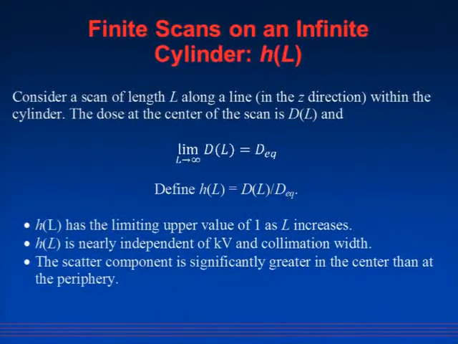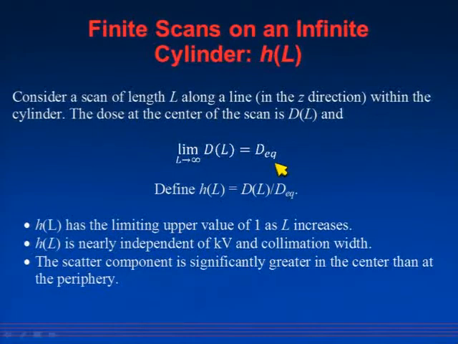Finite scans on an infinite cylinder. Now consider a scan of length L along a line in the z direction within the cylinder. The dose at the center of the scan is going to be a function of the scan length. We're not doing an infinite scan anymore. If we take the limit as we go to infinity, D as a function of L will go to DEQ.